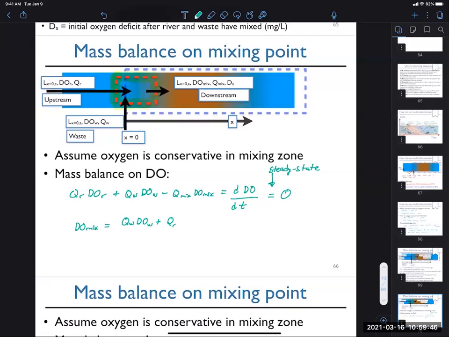This should be pretty familiar to all of you. We're just taking the DO in the waste and then the river and then dividing it by the total volume. So what's the dilution of the DO into the downstream volume?